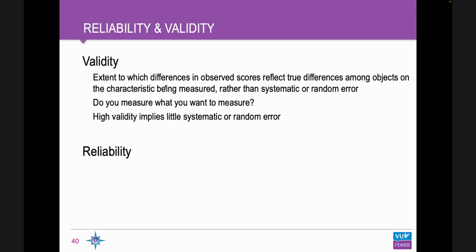To establish validity, you need to understand the extent to which differences in observed scores actually reflect true differences among objects on the characteristics being measured, rather than systematic or random error, as we said, which means, do you measure what you want to measure?